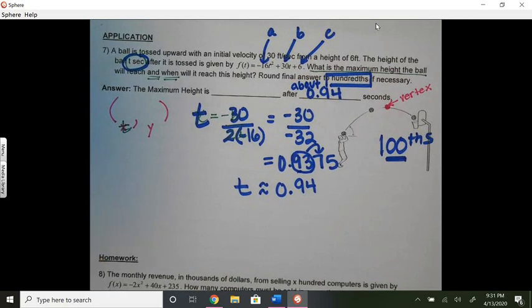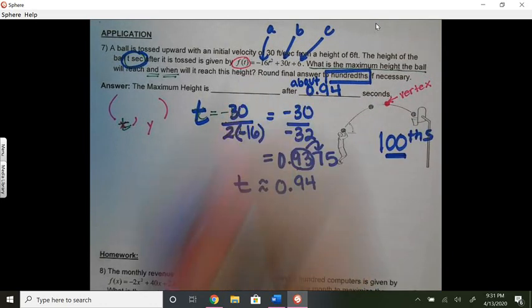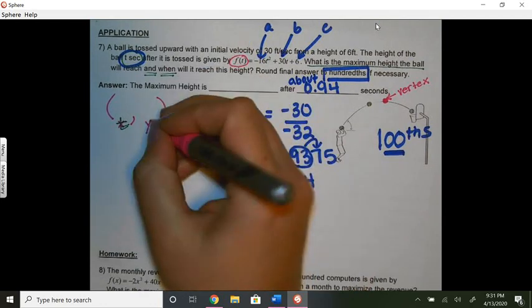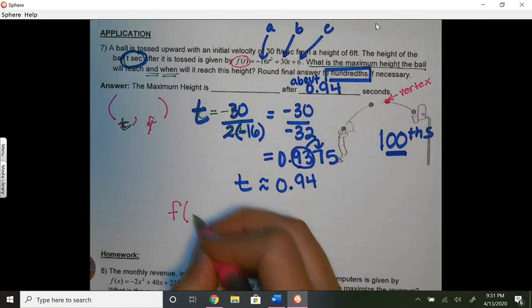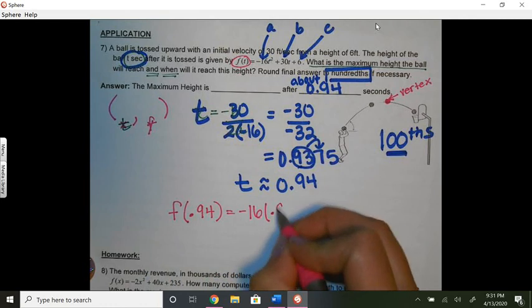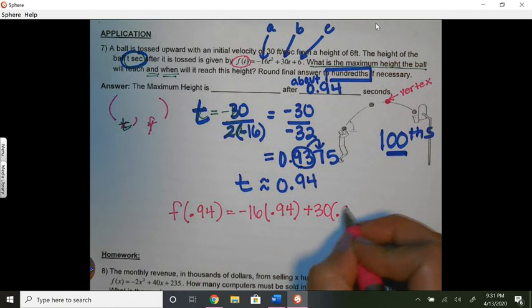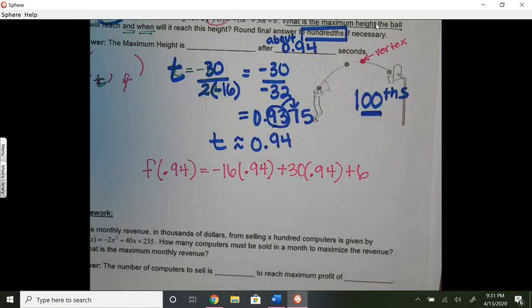So now if I want to find what the height is, that's what this side of the equation is. So instead of y, it's f. Okay, so we're going to go ahead and plug in 0.94 for t. So for all the t's, we put 0.94 in. And then we do this in order of operations using our calculator.